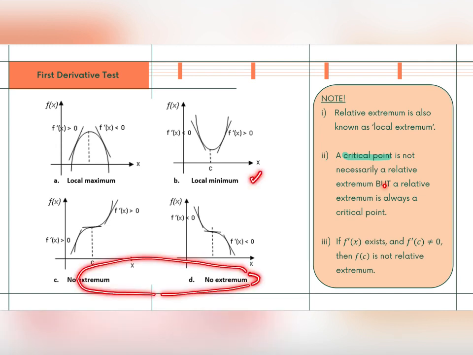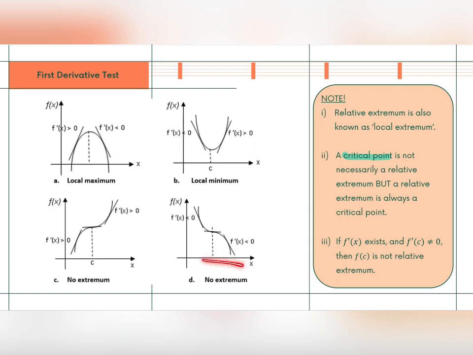But a relative extremum, maksudnya maximum dan minimum point, is always a critical point. This one is you need to understand lah. Okay? Maksudnya apa? Semua relative extremum ataupun maximum dengan minimum, semua maksimum dengan minimum point adalah under kategori critical point. Tetapi bukan semua critical point adalah maksimum dan minimum.